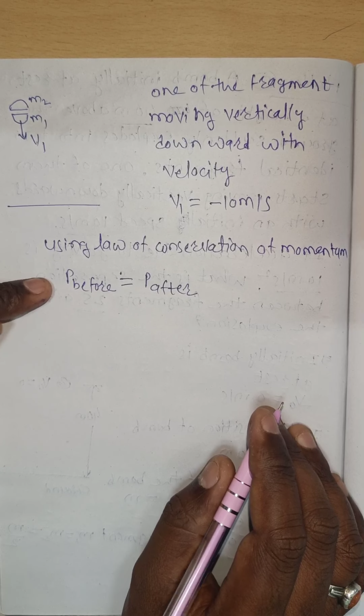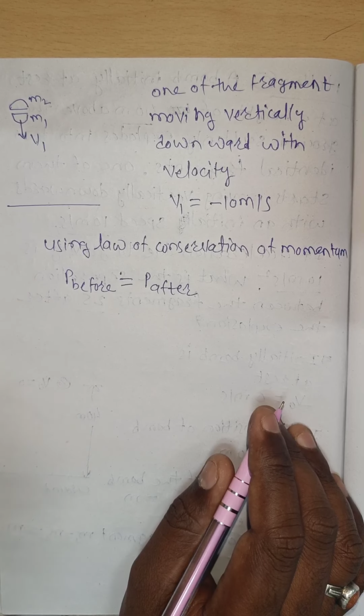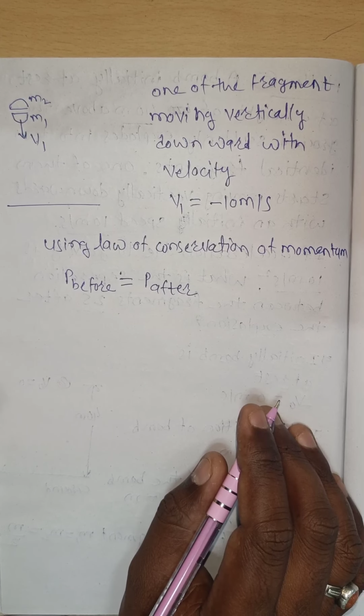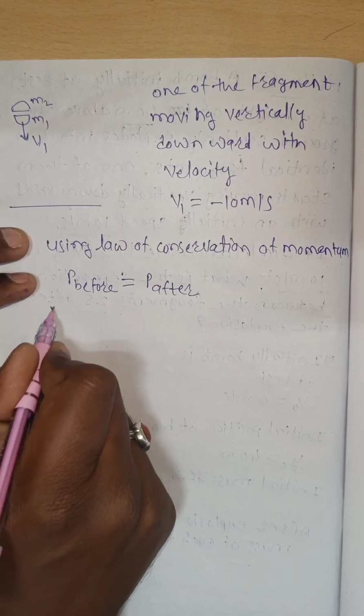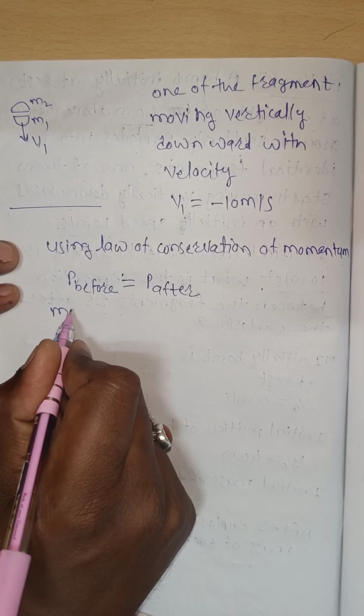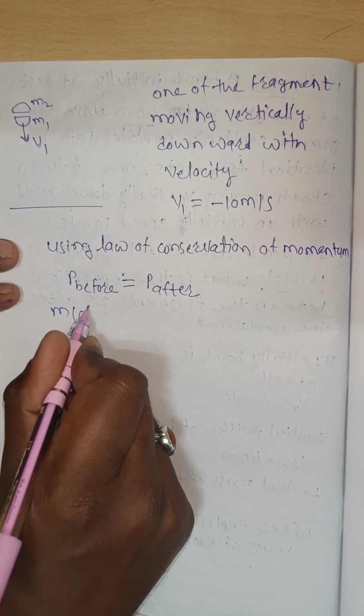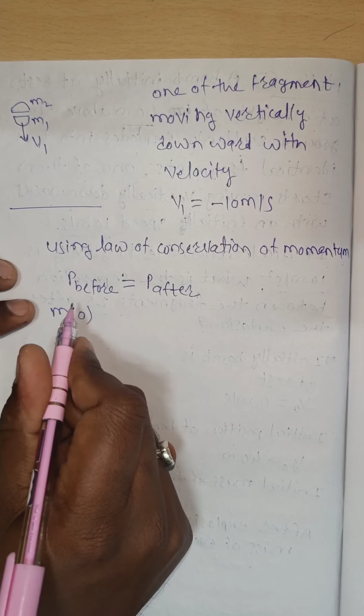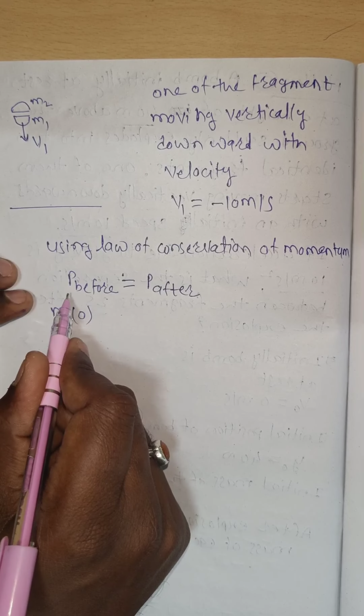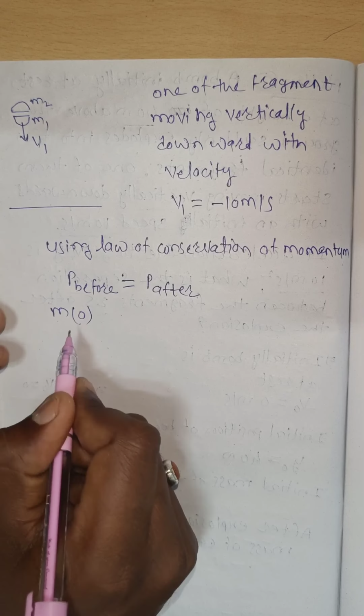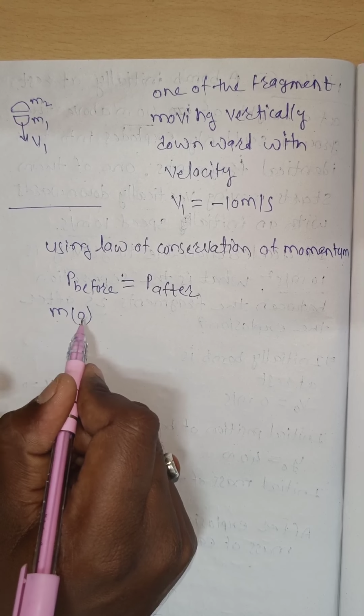What is the momentum before explosion? Before the explosion, the bomb is at rest, so its velocity is 0. The mass of the whole bomb is m.